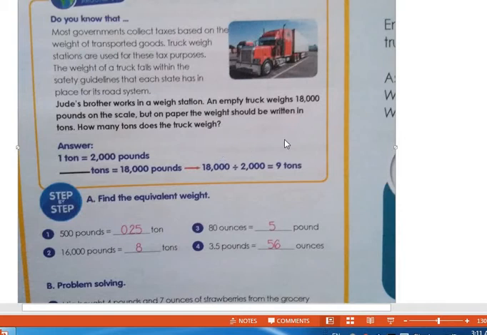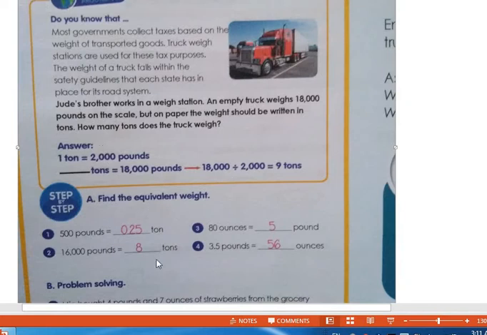So I will say 18,000 divided by what? Divided by 2,000. Why 2,000, miss? Because 1 ton equals 2,000 pounds. We divide by 2,000. So 18,000 divided by 2,000 will give me 18 divided by 2, which is 9, and all the zeros cancel.